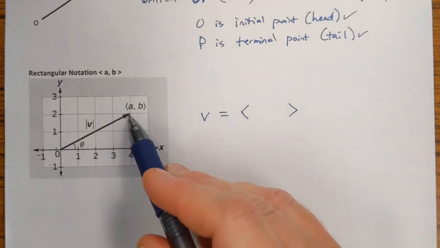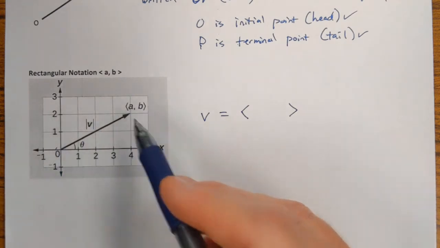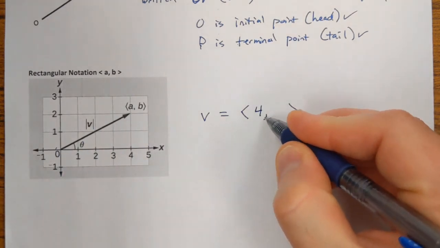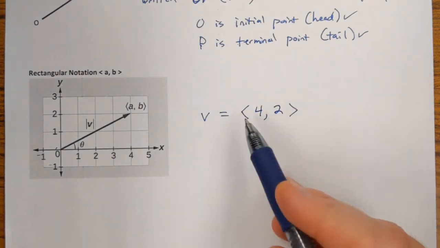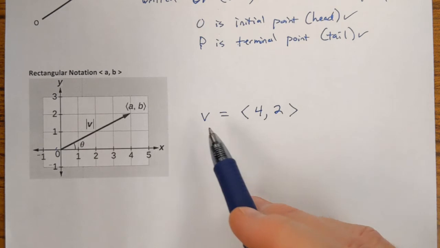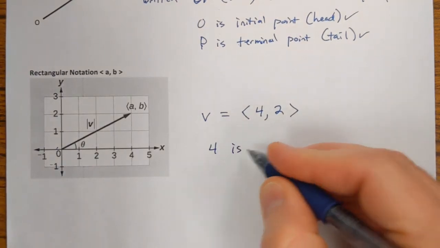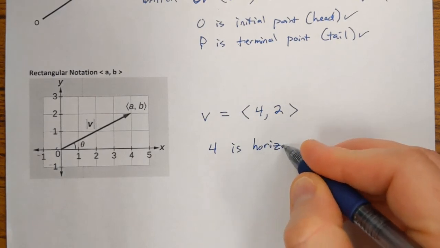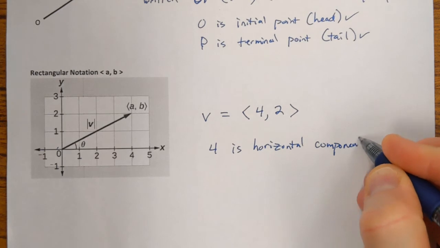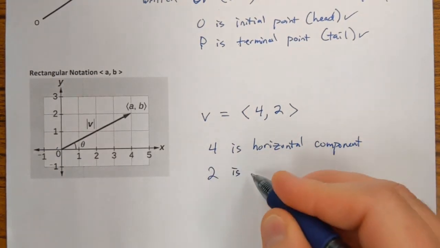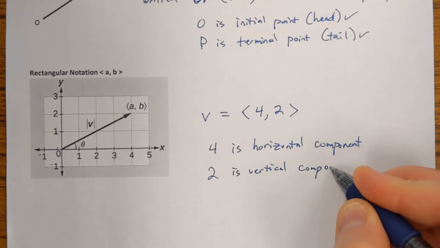What I would do is I would see where the vector ends. It ends at 4 on the x-axis and 2 on the y-axis. I would write this vector using angle brackets as 4, 2 in these angle brackets. And this denotes you have a vector where 4 is called the horizontal component of the vector, and 2 is called the vertical component.